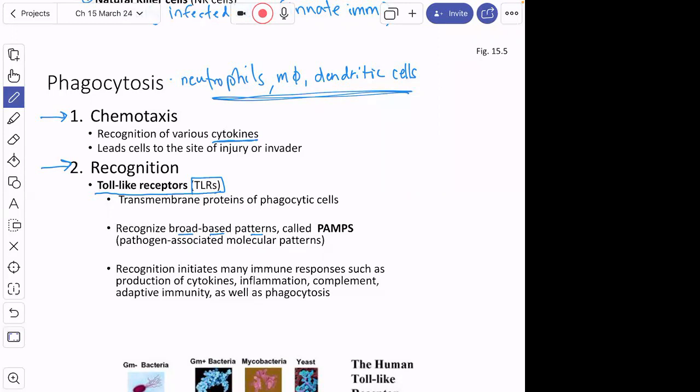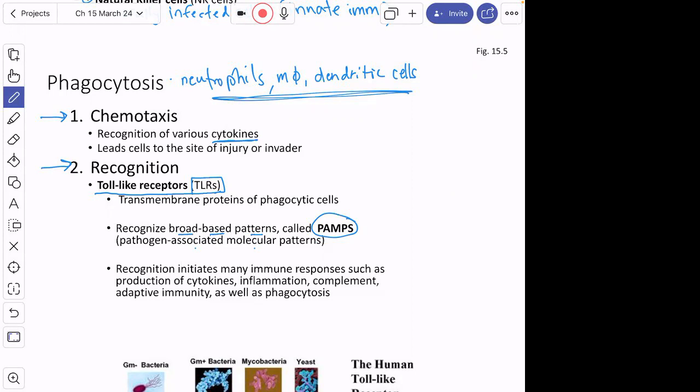We call these PAMPs, which stands for Pathogen-Associated Molecular Patterns. What kinds of things can function as a PAMP? We've found about 10 of them in humans. There may be more, but we've found about 10 so far.